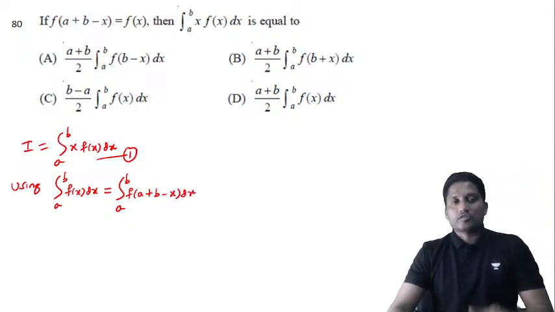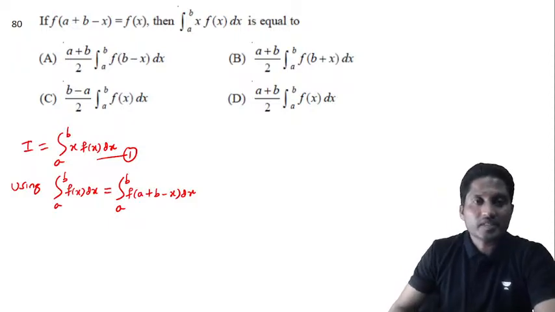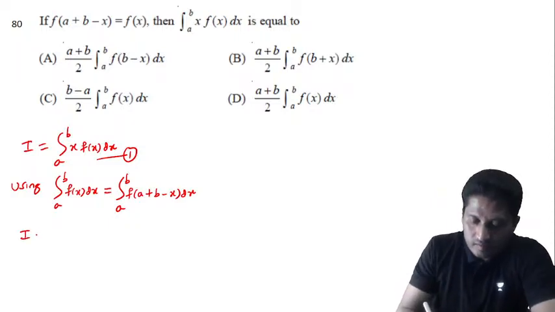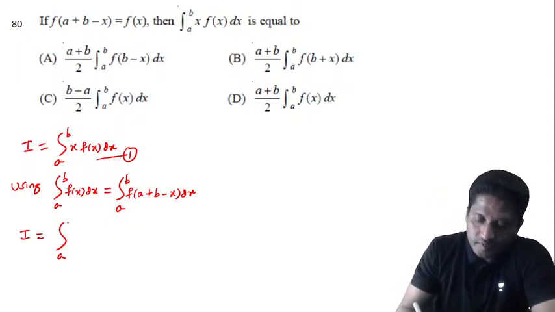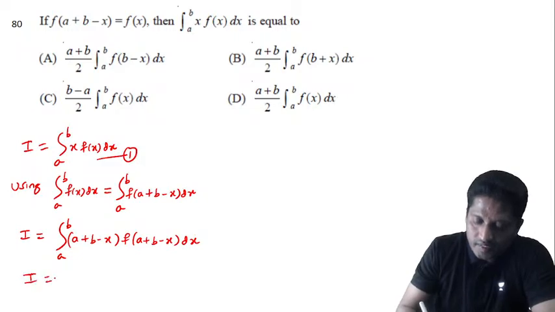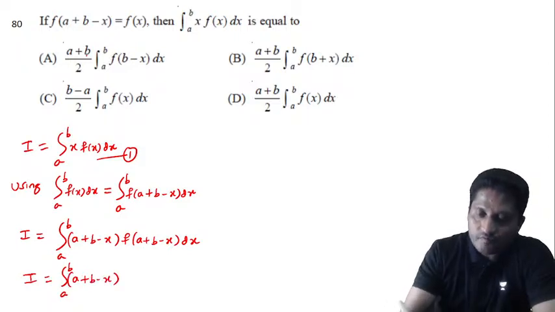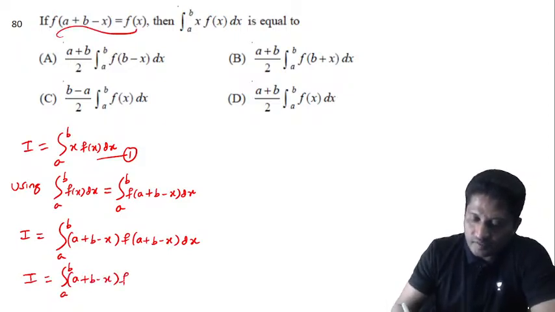That is, you change x to lower limit plus upper limit minus x. This becomes integration of a to b, a plus b minus x, f of a plus b minus x, and then dx.